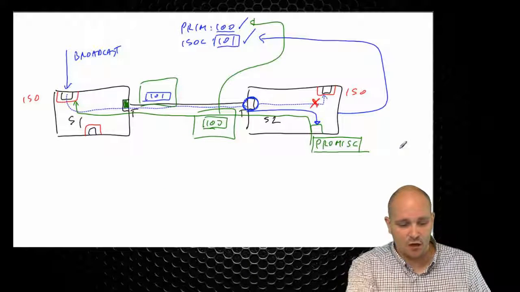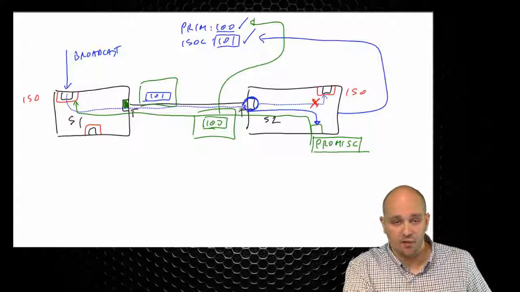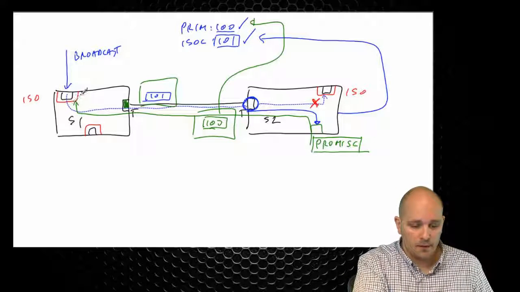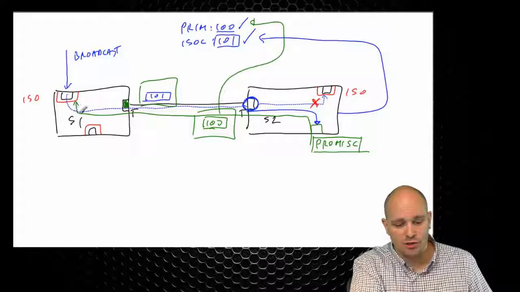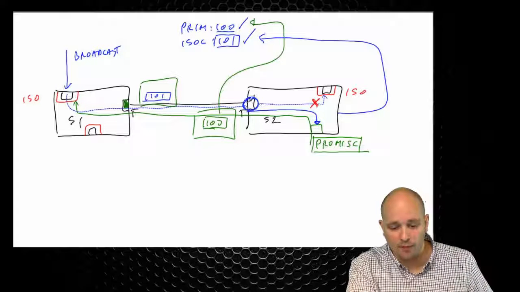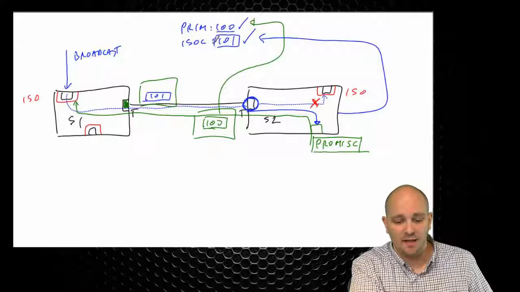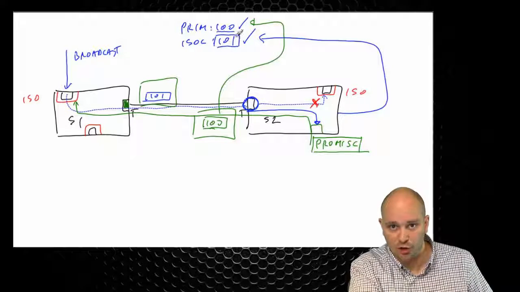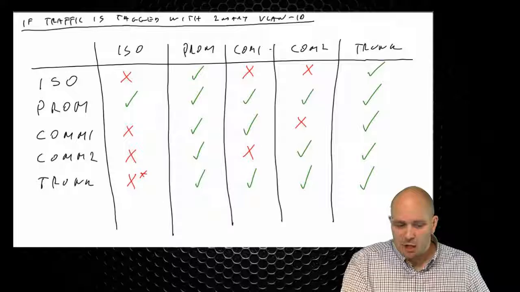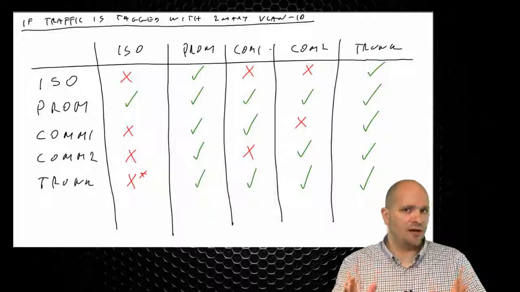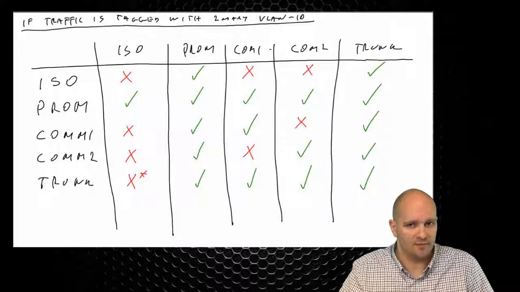In this case, we are not going to have the traffic sent from an isolated port going over the trunk. From the trunk, it will not be sent to an isolated port if it was tagged with the secondary VLAN ID. So this is the theoretical behavior of private VLANs.